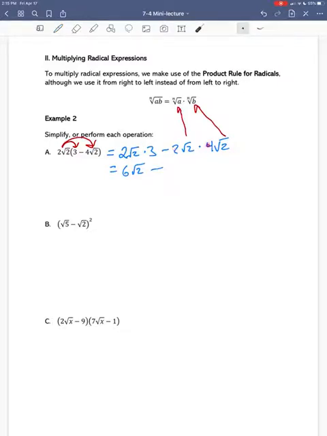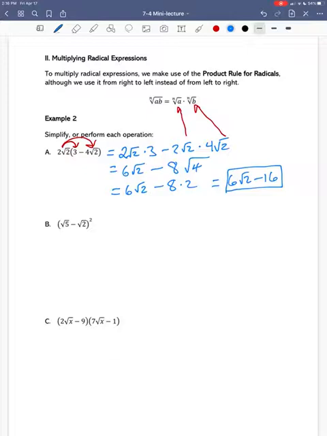So 2 times 4 would be 8. The insides would also get multiplied together. 2 times 2 is 4. So the square root of 4 is just 2. And I get 6 square root of 2 minus 16 for my answer.